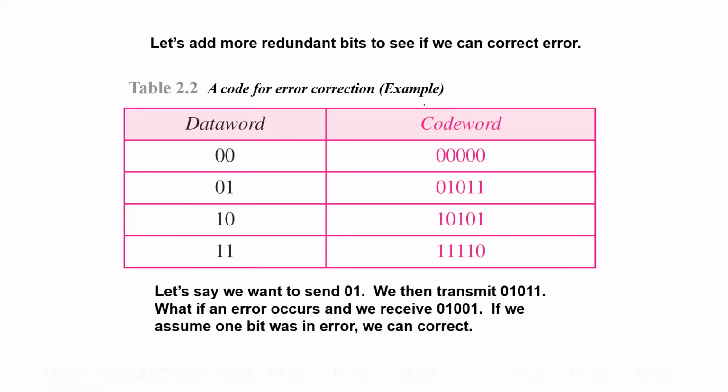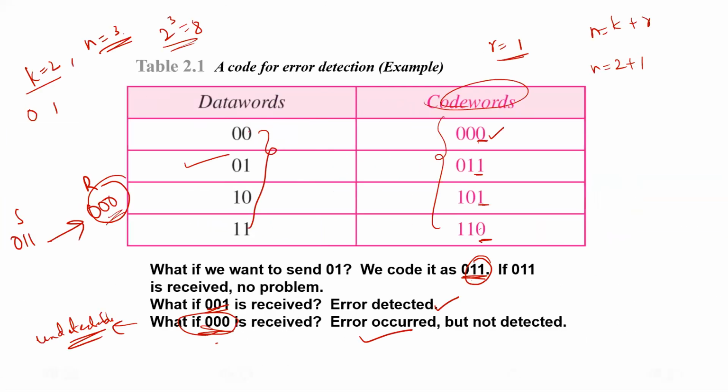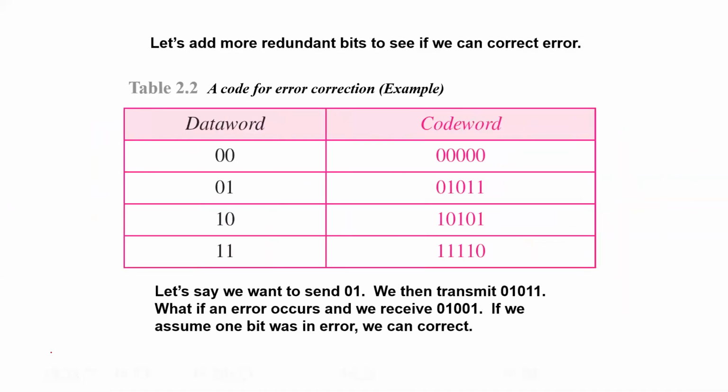Now we will see the example. In the previous example, we added only one redundant bit, with two data words and r equal to 1. Now we will add more redundant bits and see if the receiver can correct an error without knowing what was actually sent.